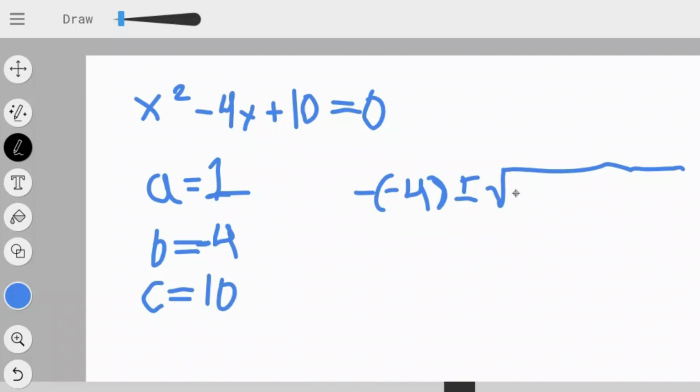Then we're going to have negative 4 squared again, it's the second, minus 4 times 1, and then times 10.